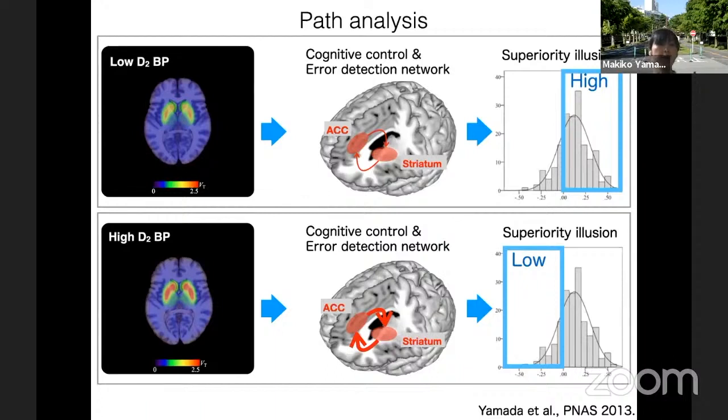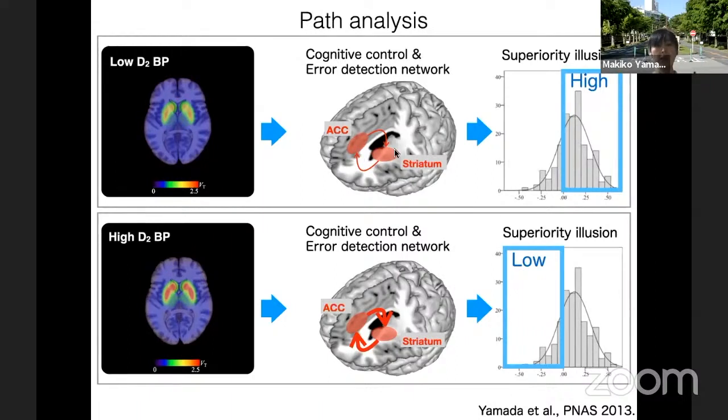We revealed that low dopamine D2 binding potential, or availability, is associated with weaker functional connectivity between the striatum and ACC, which is associated with higher superiority illusion, whereas high D2 binding potential is associated with stronger connectivity between ACC and striatum, which is associated with low superiority illusion.